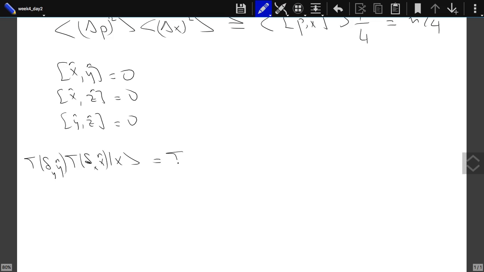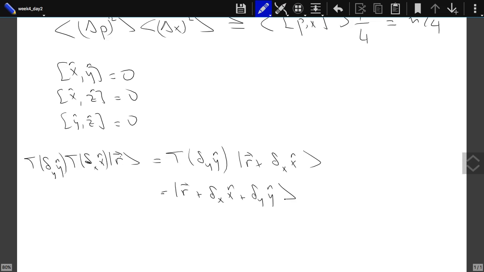This is equal to translation in the y direction by delta y of the state with position r plus delta x in the x hat, which is r plus delta x in the x hat plus delta y in the y hat. But this is the same thing as r plus delta y in the y hat plus delta x in the x hat.